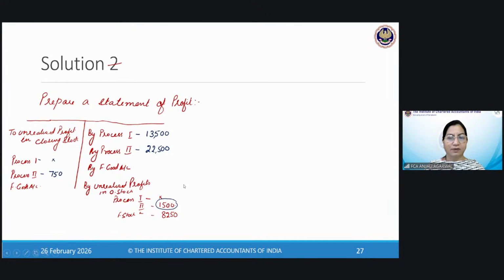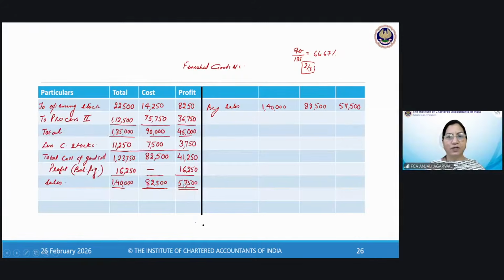released. Similarly, in the finished stock account, again, look at the figures of profits in the opening stock, profits in the closing stocks, and the profit of balancing figure after sales. So finished goods account in this period has earned 16,250, whereas it has blocked 3,750 but liberated 8,250.